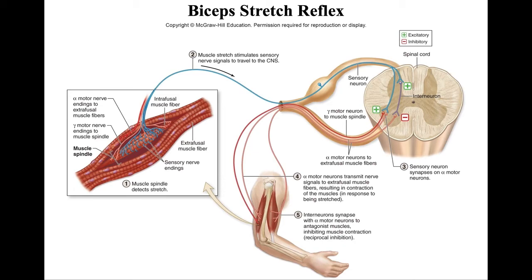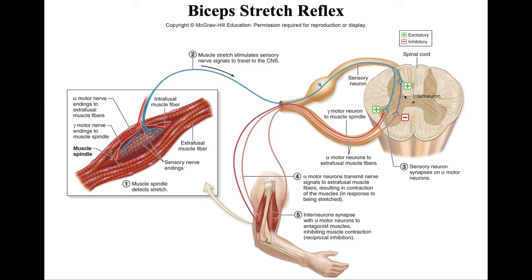Now I'm going to give you another word that shows up in A&P 2, and that's called proprioceptor. So a muscle spindle is sometimes called proprioceptor, which simply means a stretch receptor. That's what it is. So a proprioceptor or a muscle spindle is nothing more than a stretch receptor. And here we see sensory information coming out of the muscle, because muscle spindle, proprioceptors, or stretch receptors, that's sending out sensory information.